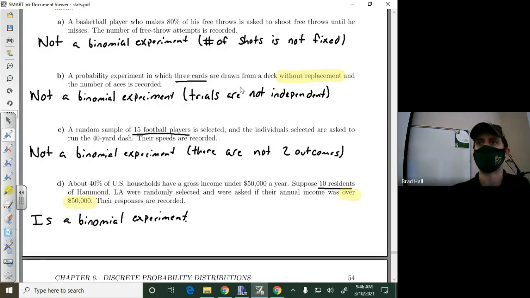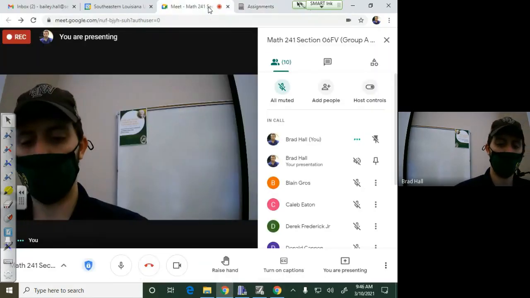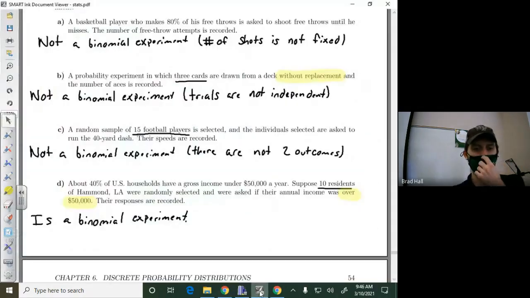So this is sort of contrasting and comparing the different characteristics needed for an experiment to be a binomial experiment. Once you establish this about your experiment, then you're able to have a lot of very nice properties about your experiment that you can utilize. So from here, we can go ahead and see what these properties may entail.